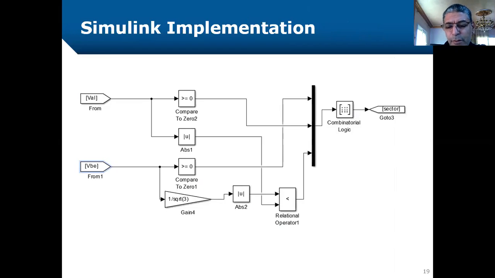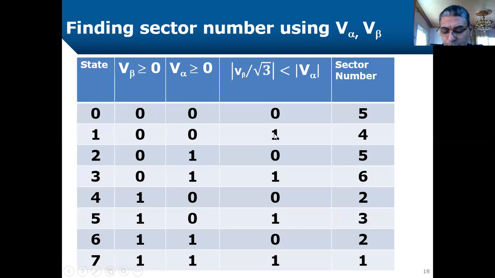There is a very simple block in MATLAB Simulink which can directly translate the logic in this table. If you see this table, these are simply binary inputs arranged like binary inputs 000, 100, 010, 110, 001, so they are arranged like a binary counting of 3 bits.